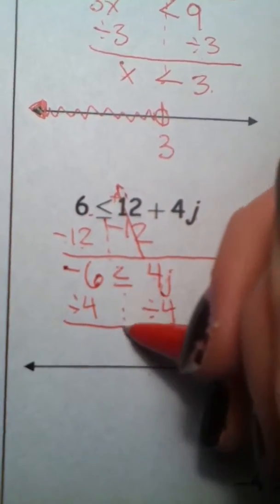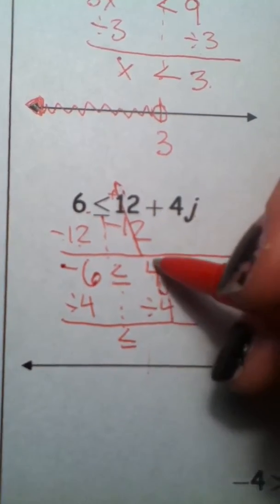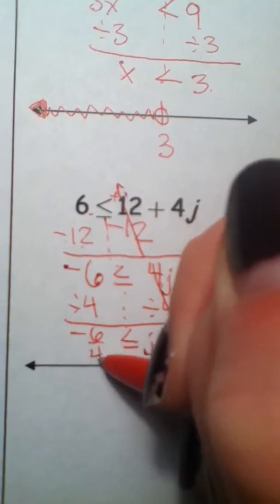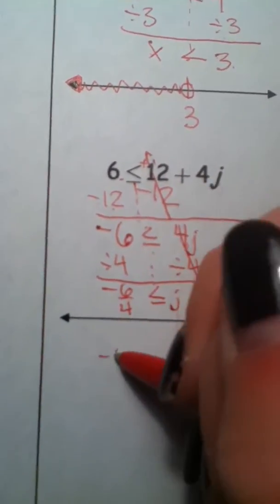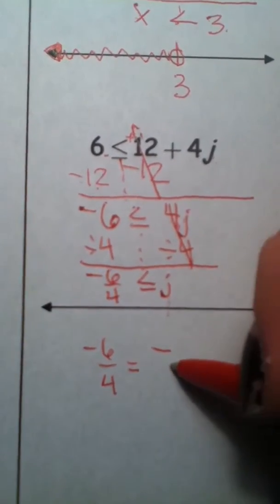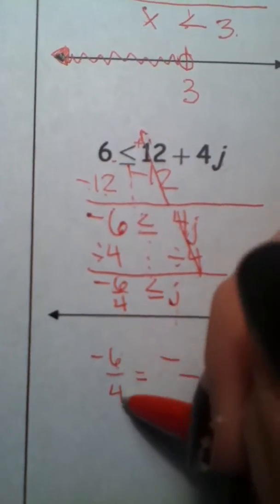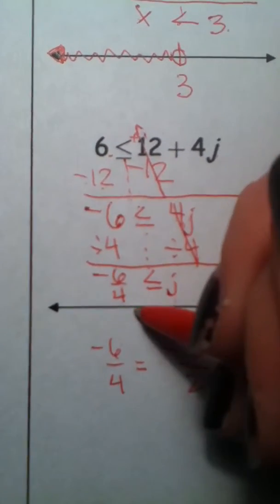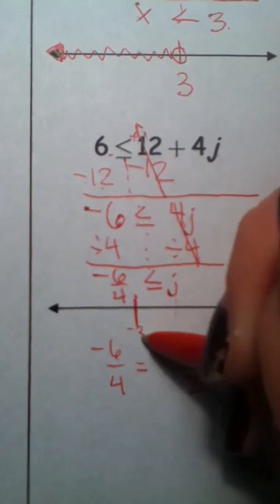Carry that sign down because all I did was divide by a positive. And we've got negative 6/4. Negative 6/4 is the same as, if we simplify, divide by 2 on top and bottom, so we get negative 3/2.